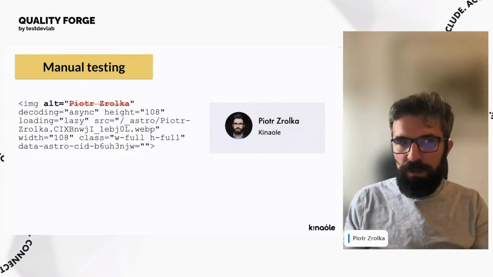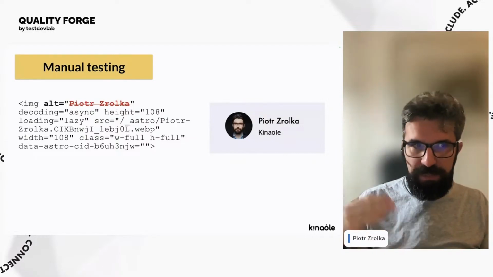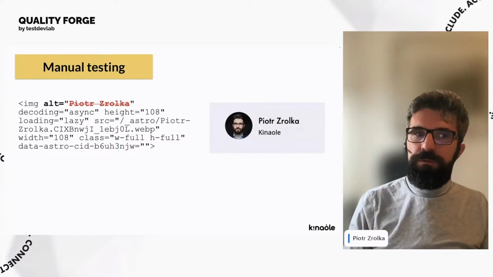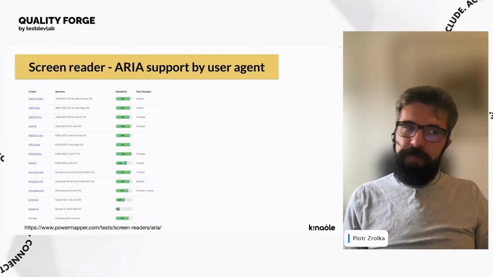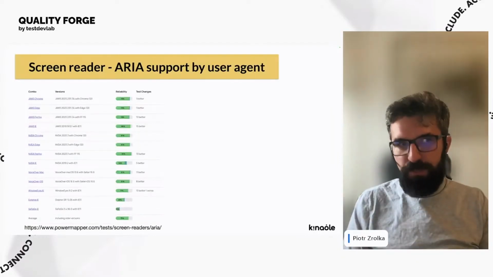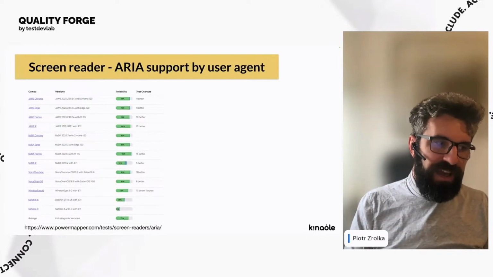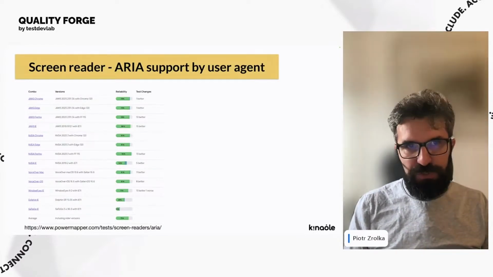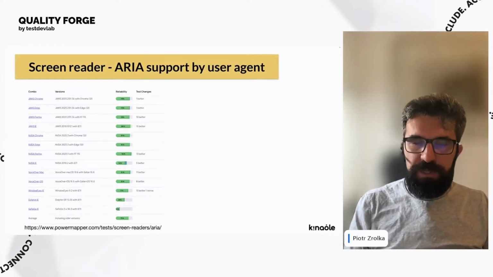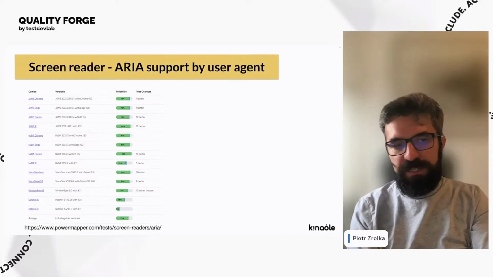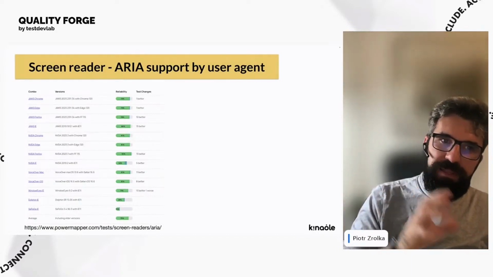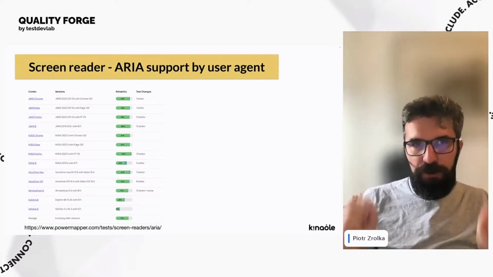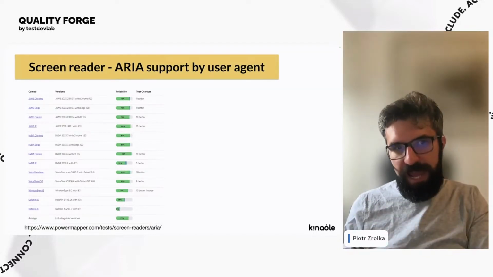Do you really want it, and what level of accessibility or inclusivity do you want to introduce for your product? And I would say, regarding screen readers, many people say, yes, we are testing with screen readers. I have one important message for you. Be conscious, because this is a really nice page which shows the reliability or the area of support by different user agents.